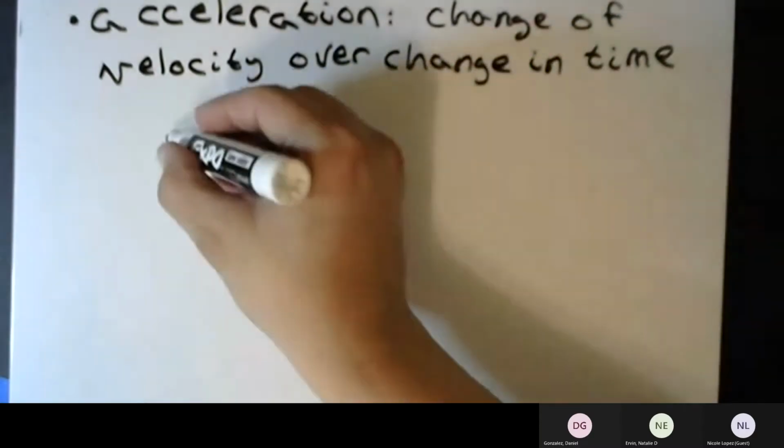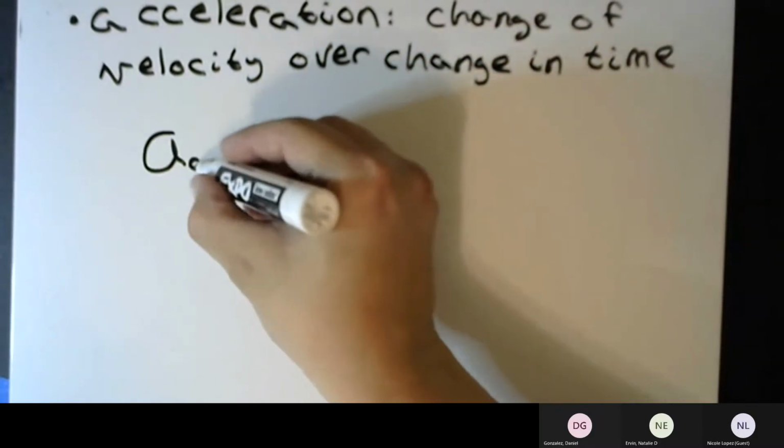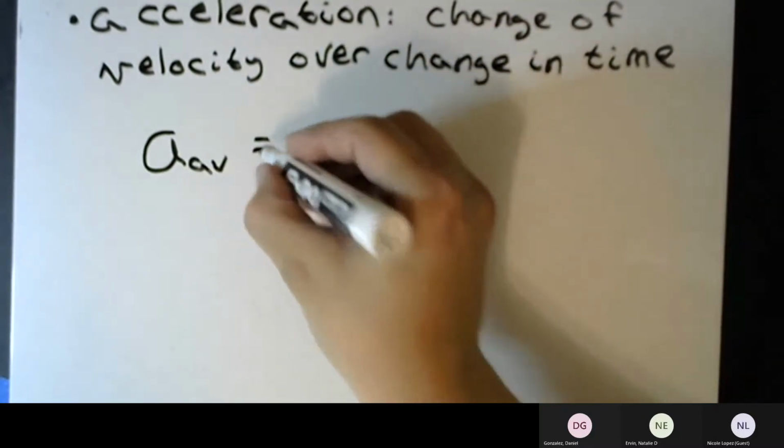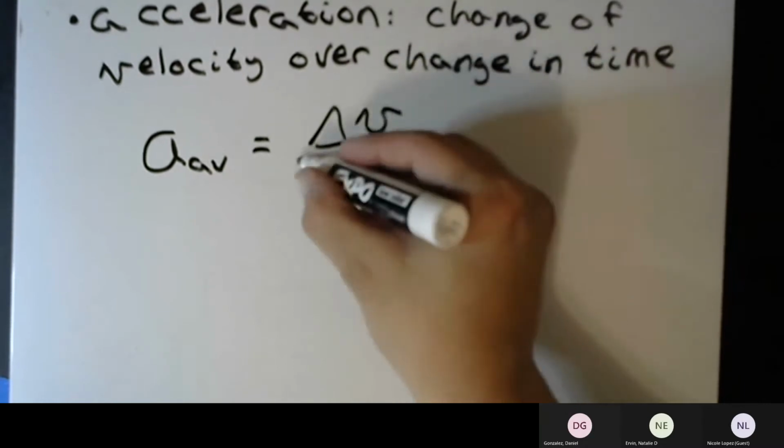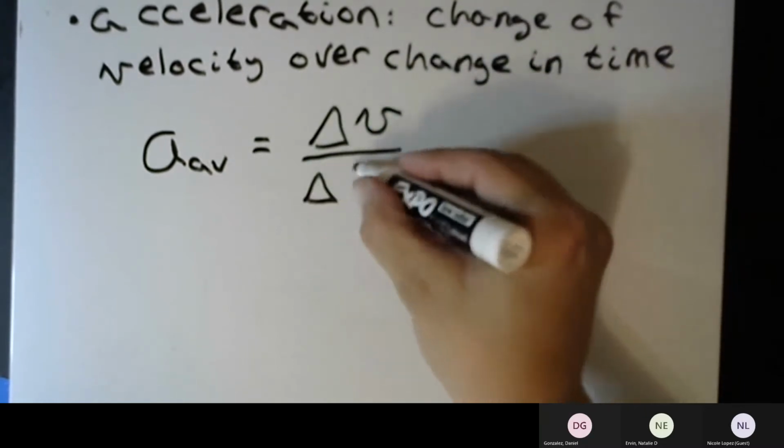And so for the average acceleration, this will be the change in the velocity over the change in time.